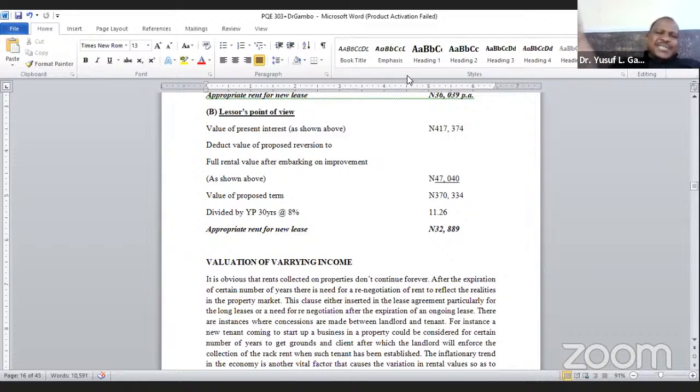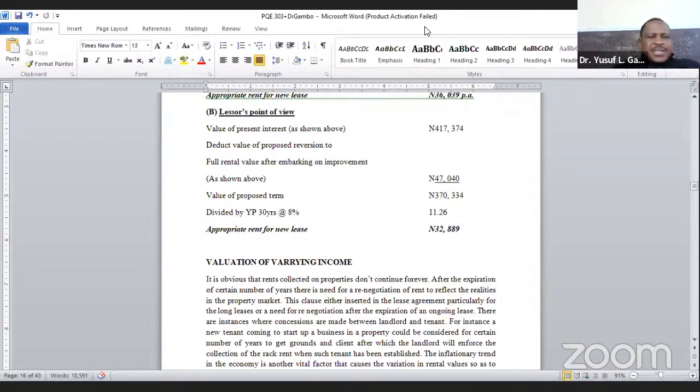So you see the difference is not much. So that is that as a valuer, so that you know one is giving money, one is benefiting from money. So there's concession, and what adds value to the property of the landlord. That's what you should have at the back of your mind all the time.